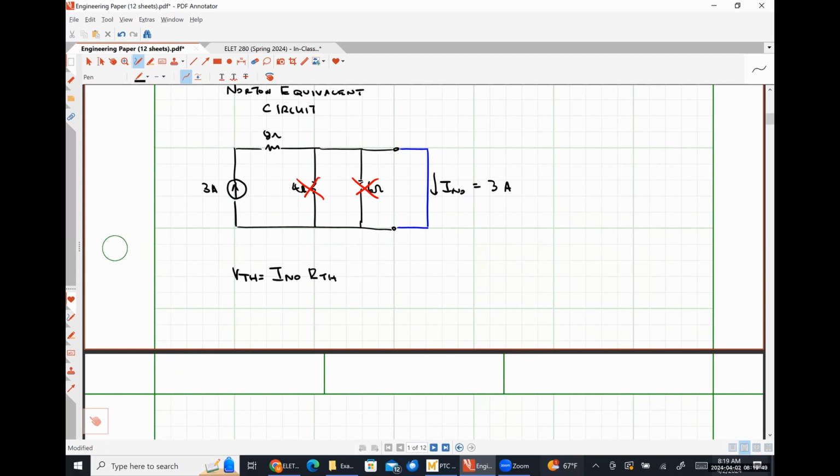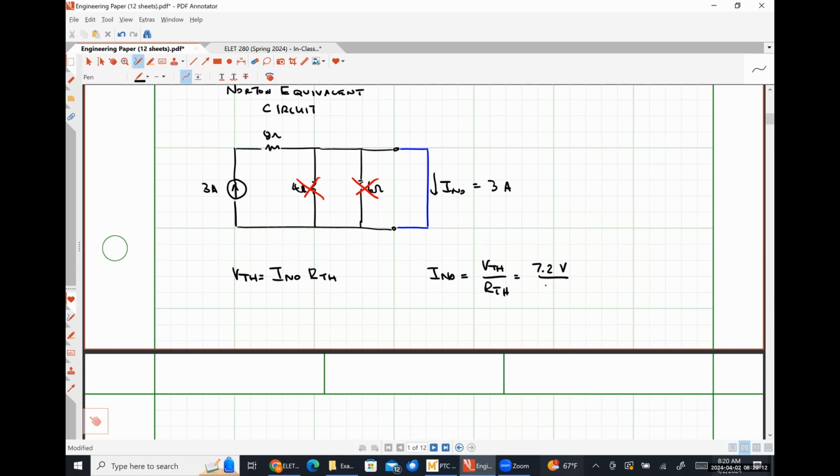That's nothing more than Ohm's law, by the way, right? So let's verify that this is correct. So we could say that our Norton current is simply the ratio of our Thevenin voltage to our Thevenin resistance. Well, I found my Thevenin voltage to be 7.2 volts.